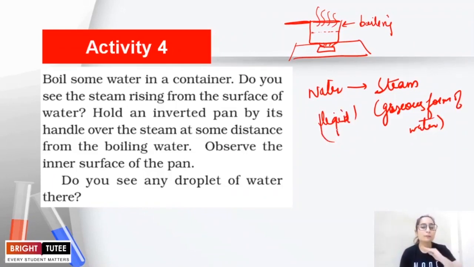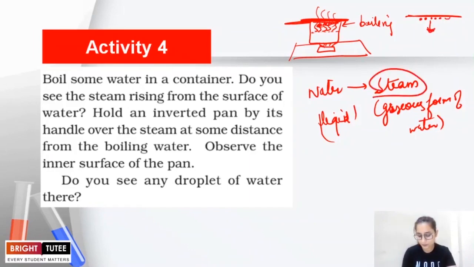But if you cover the container with the help of a plate, the vapors will only reach up to the bottom of the plate. So when you remove the lid, what you see is that on the inner surface of the plate there are water droplets, right? So this water, where did this come from?